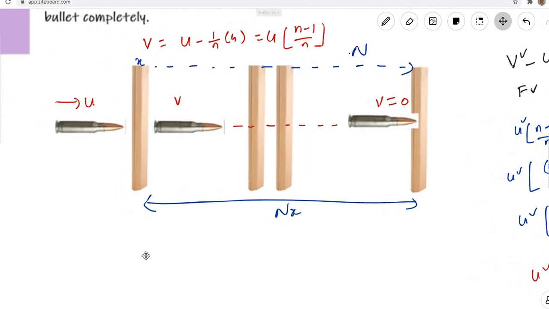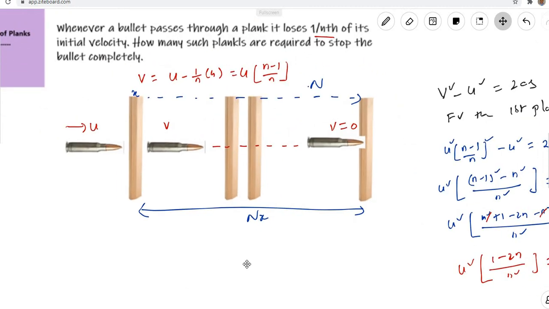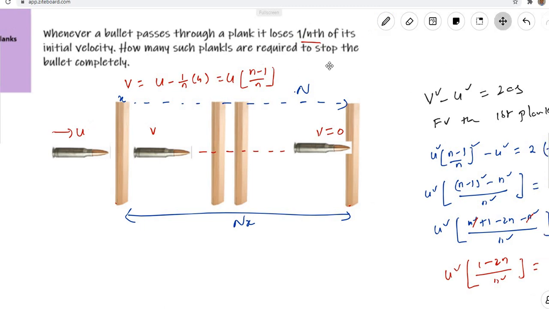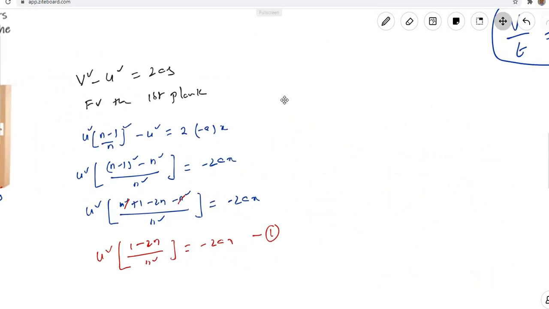Now what we'll do is apply the equation for the first plank to the last plank. It's very simple. Here the velocity is u before the first plank, and finally the velocity becomes 0. The distance traveled is Nx. Still it is moving with uniform retardation.